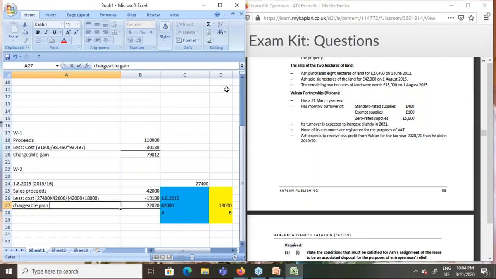Now what has happened? During the tax year 2019-20, we have sold the remaining portion of the land. For how much have we sold it?